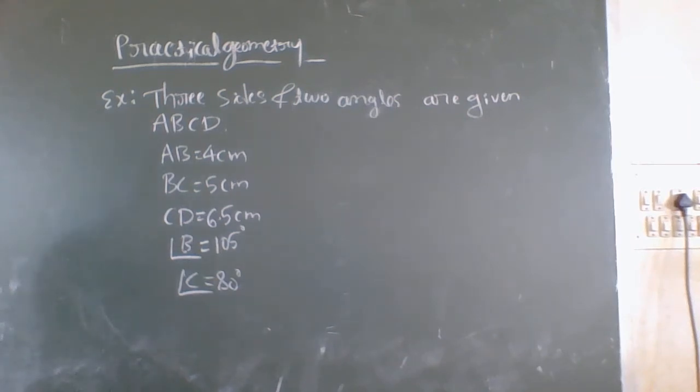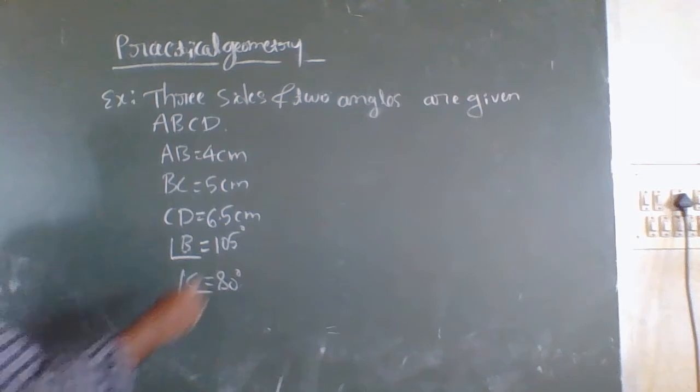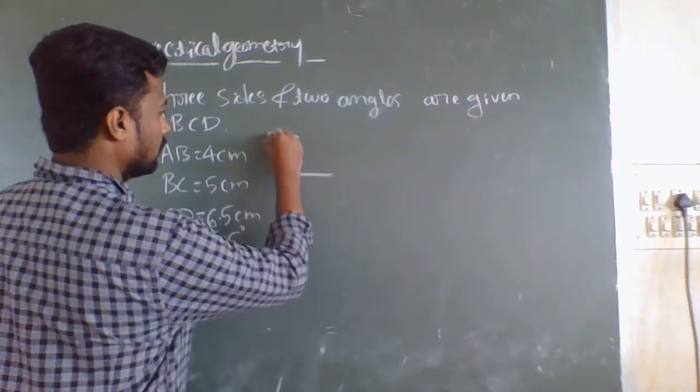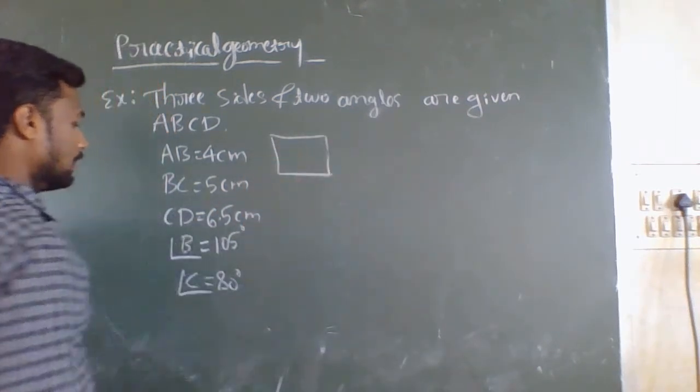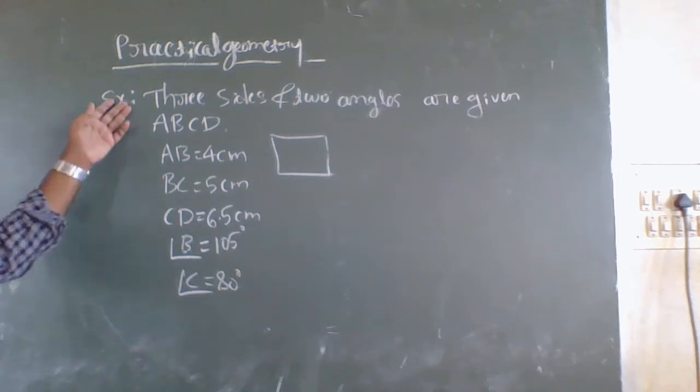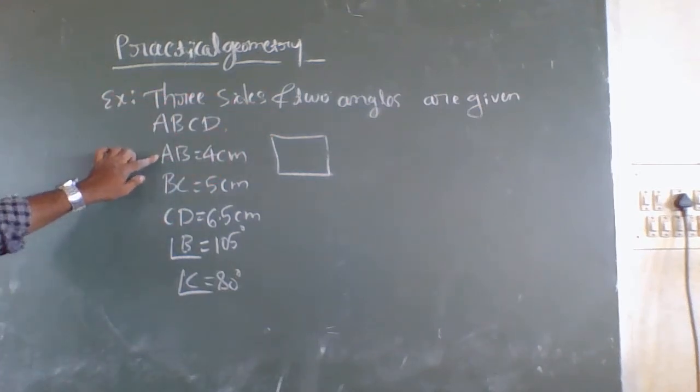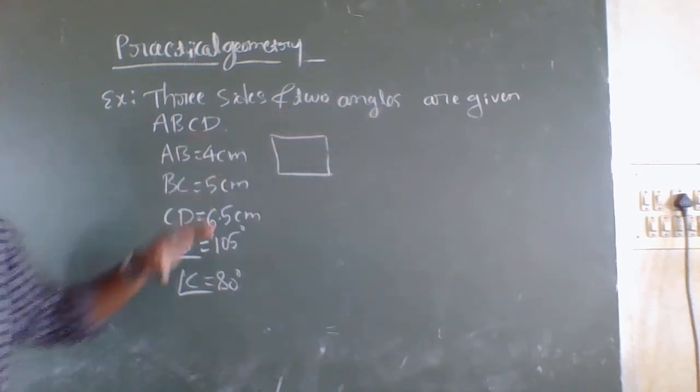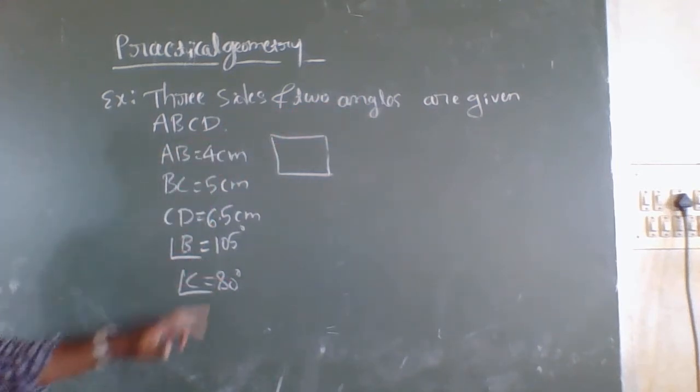Now what I will do, first I will draw one rough diagram. Here they are given three sides AB, BC, CD, and two angles: angle B is 105 degree, angle C is 80 degree.